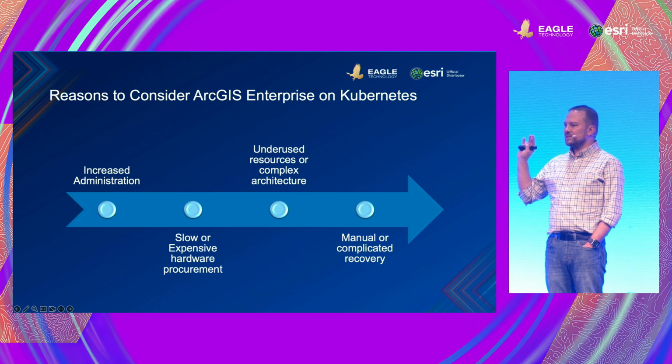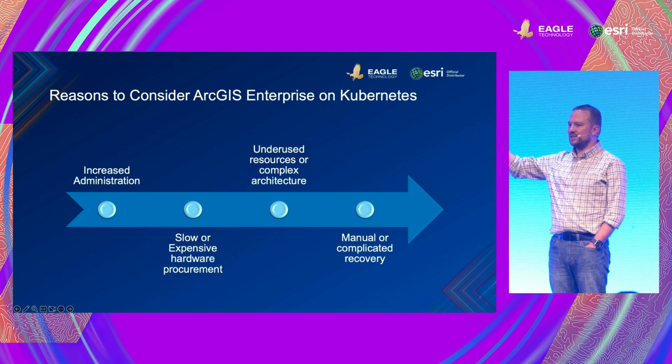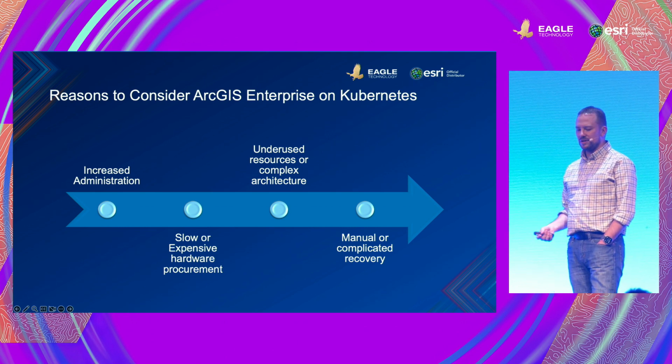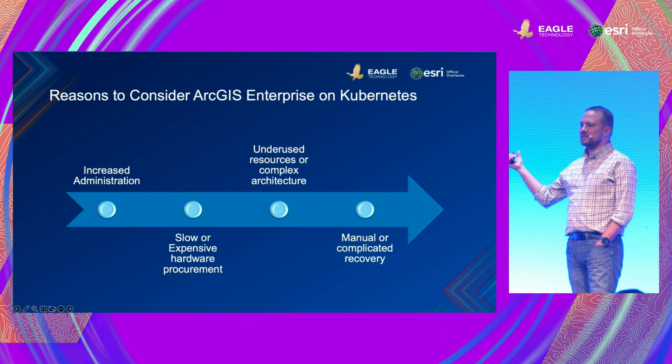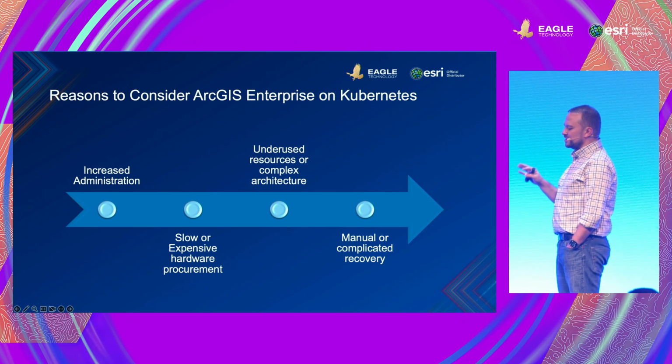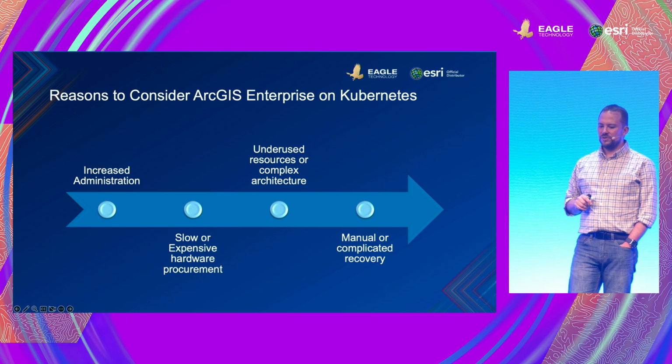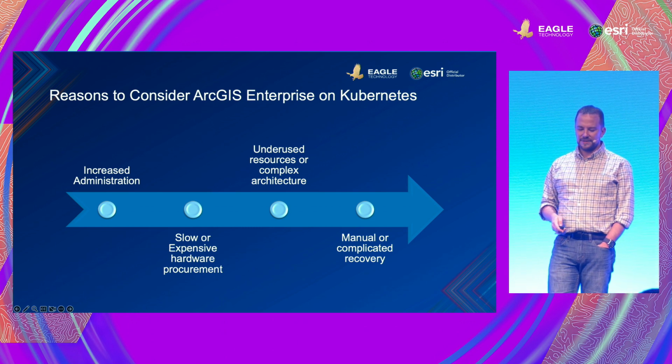Or you have too much infrastructure for the day-to-day, but you feel like you have to have it in place in case there is a surge in demand. You have to be over-prepared. Or you have that complex architecture that I was describing. These are the kinds of challenges that we hear from customers that are potentially candidates for using ArcGIS Enterprise on Kubernetes.